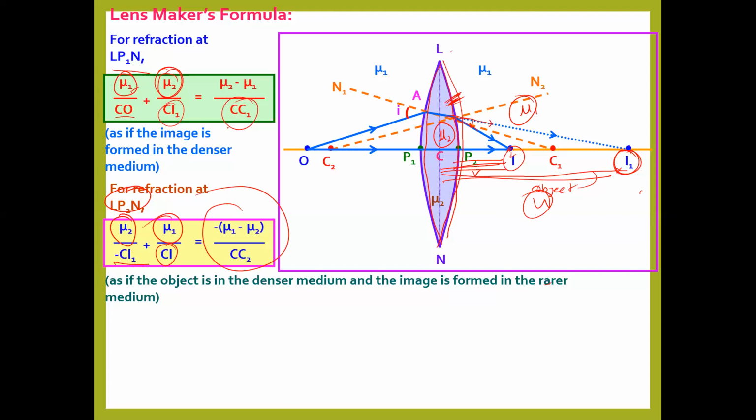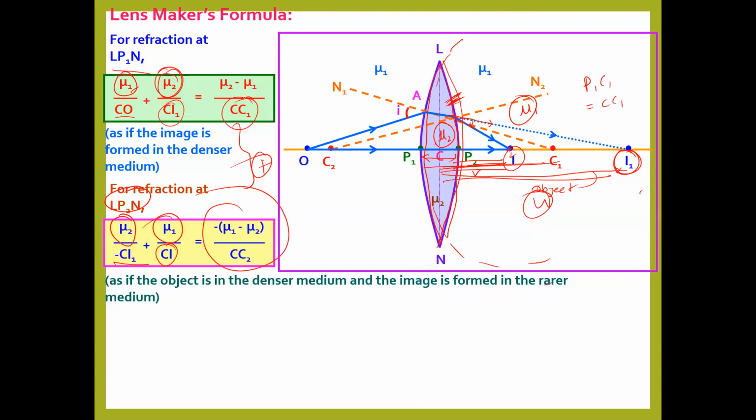So if we add these two equations, we will get the final result. For the first surface, the radius of curvature is P1C1, or since the lens is so thin, we can consider P1C1 equal to CC1.